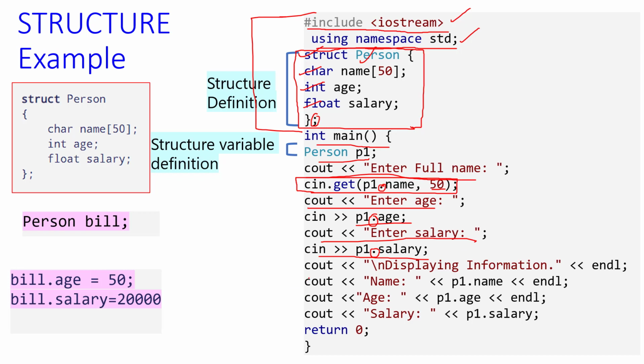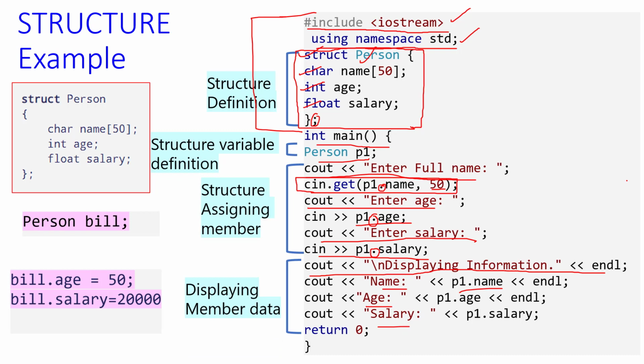Then you have cout displaying information and line. Then cout name, p1.name. So the p1.name value will be displayed here, so that the other values like age and salary will also be displayed.